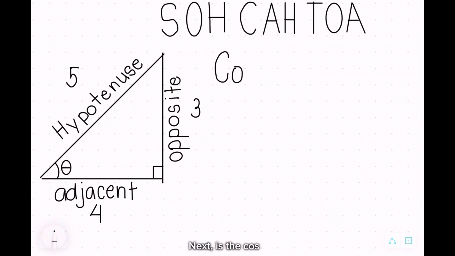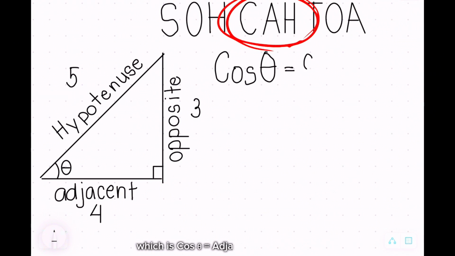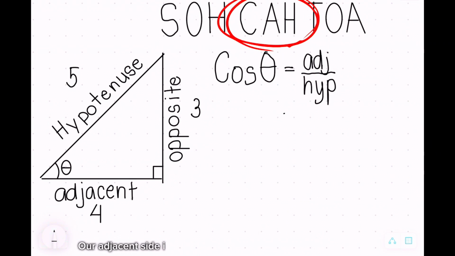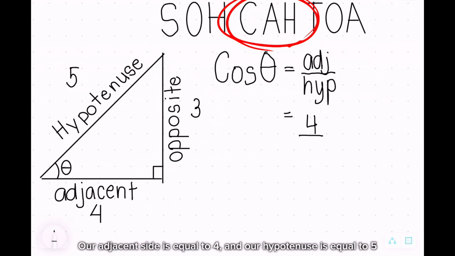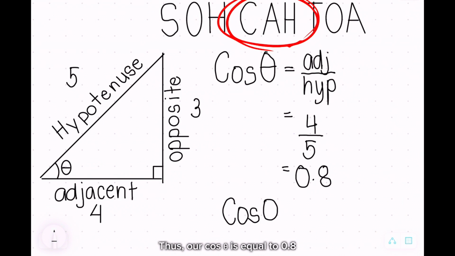Next is the cosine theta. To get cosine theta, we are going to use CAH, which is cosine is equal to adjacent over hypotenuse. Our adjacent side is equal to 4 and our hypotenuse is equal to 5. If we divide 4 by 5, the answer would be 0.8. Thus, our cosine theta is equal to 0.8.